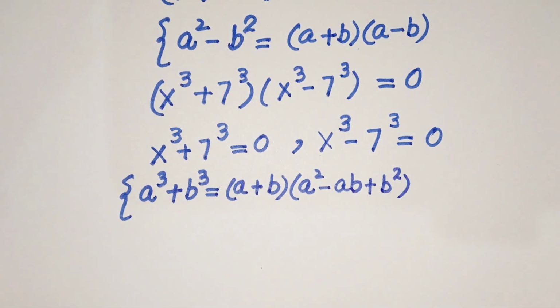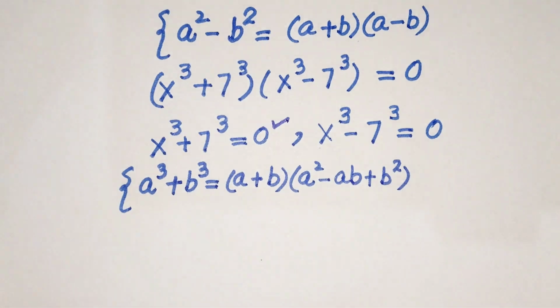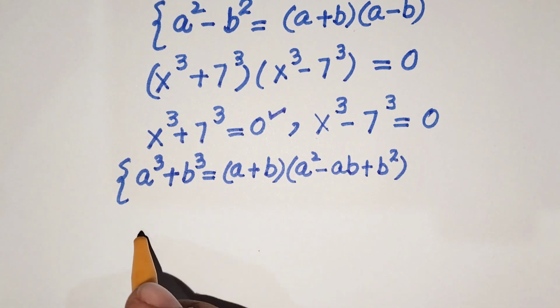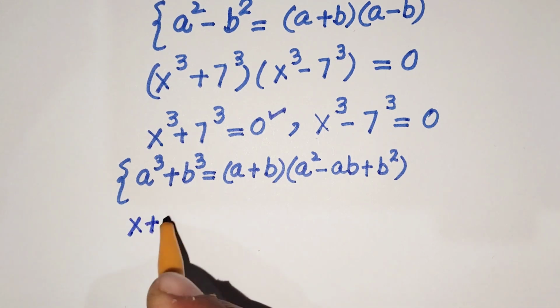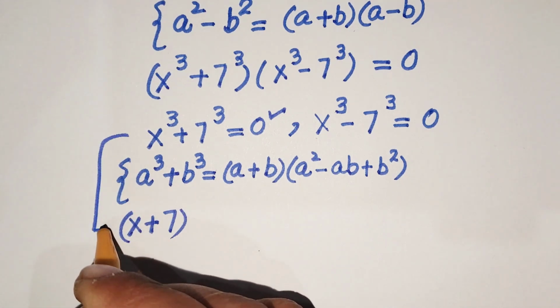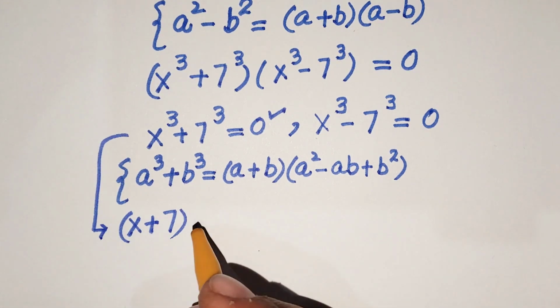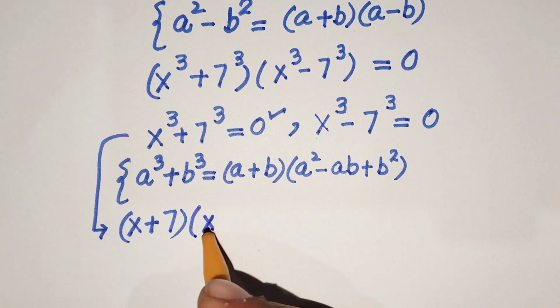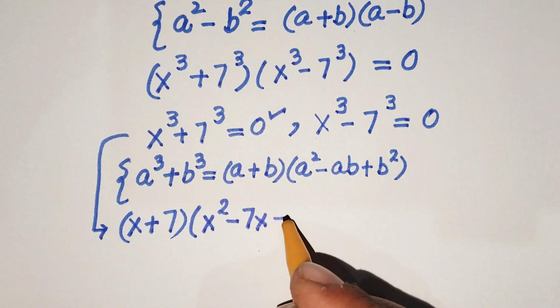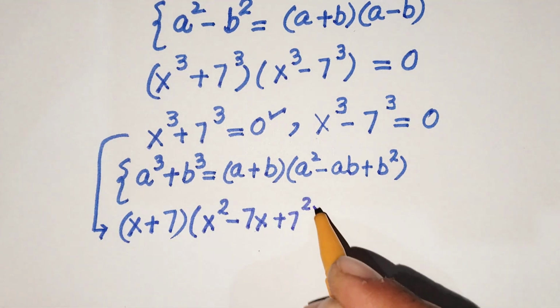We are going to use this formula in our first case. Then x cube plus 7 cube can be written as x plus 7 times x square minus 7x plus 7 square, which is equal to 0.